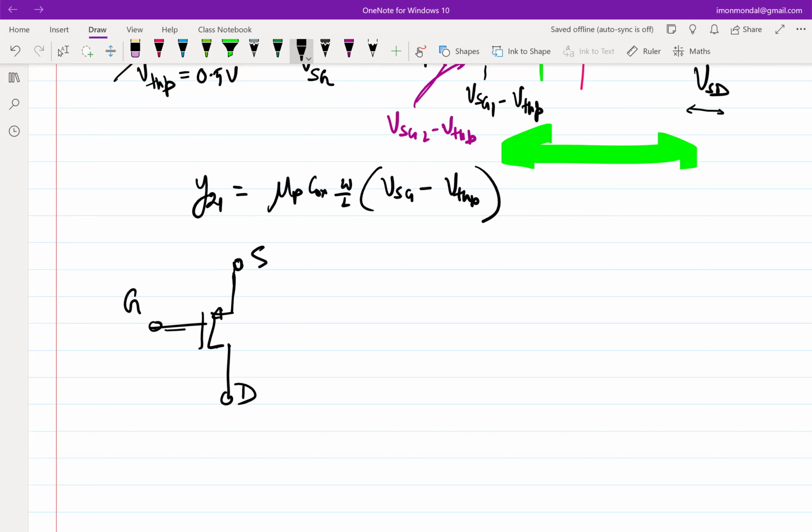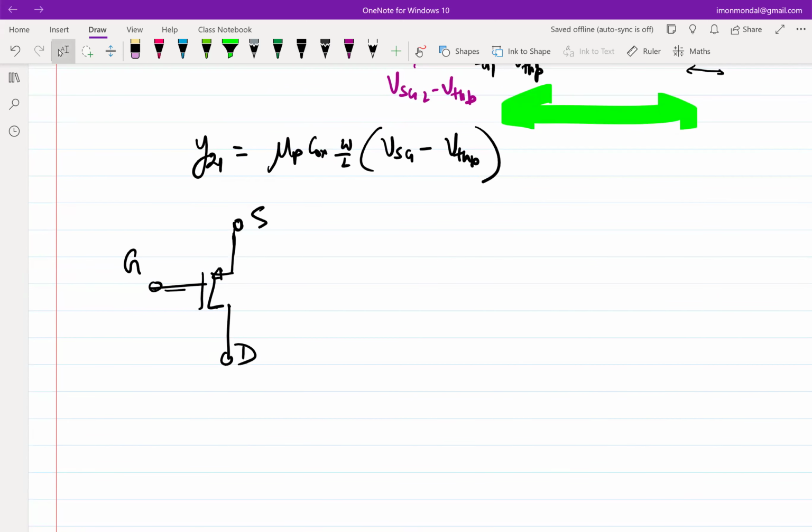So to summarize, the incremental model of a P-MOSFET looks like this. This was the gate, this was the drain, this was the source.